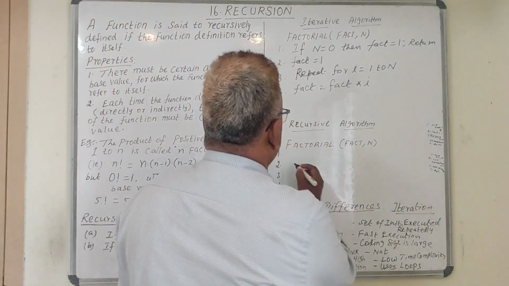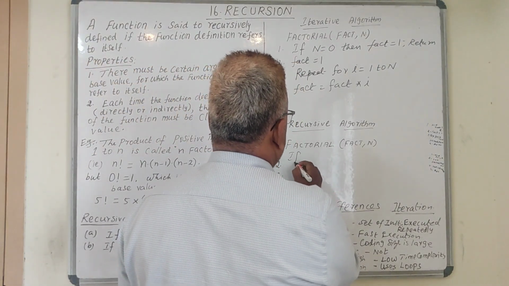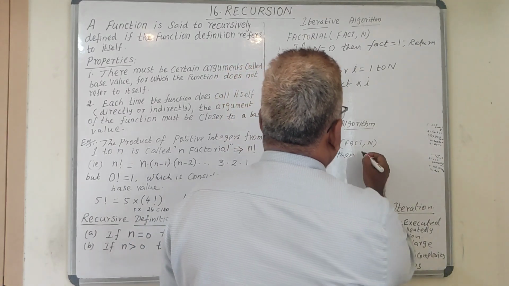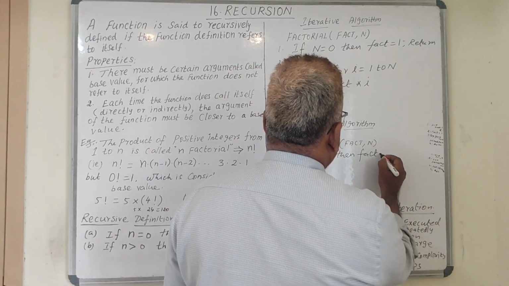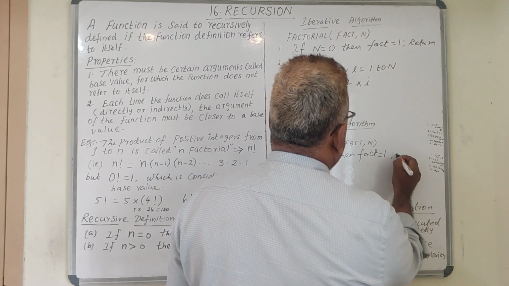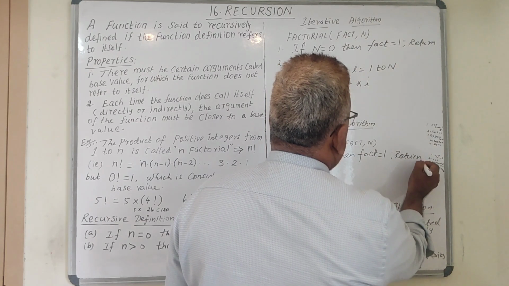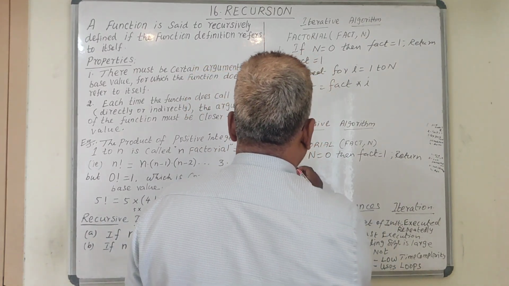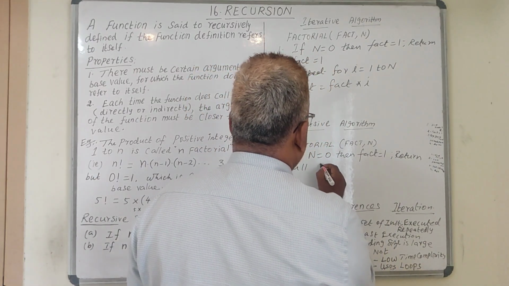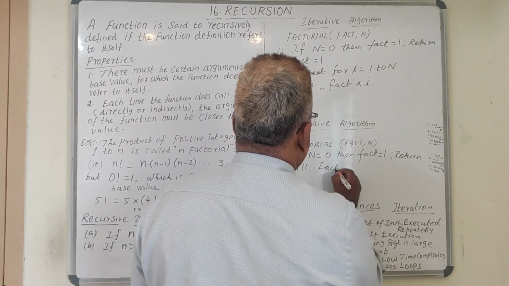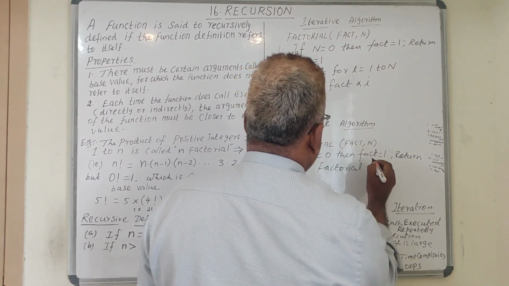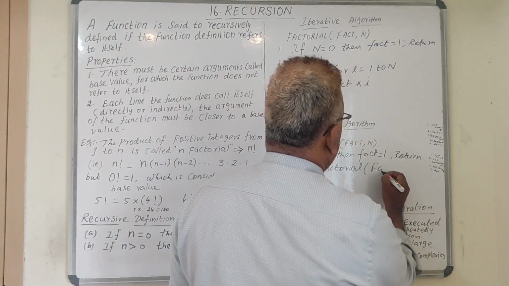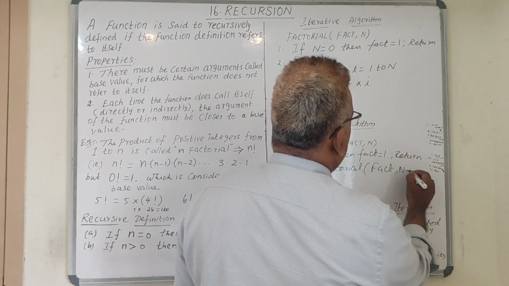Here again we are checking the condition: if n is equal to 0, then factorial is equal to 1, return. In both cases, both are the same. The second one we can call. The call statement is used in the recursive function, fact of n minus 1.